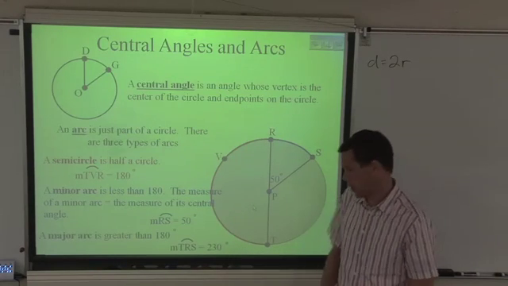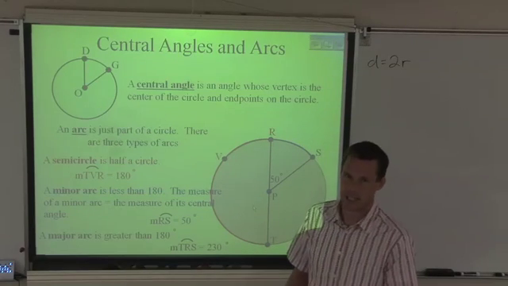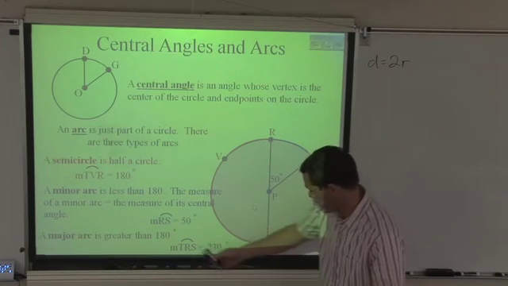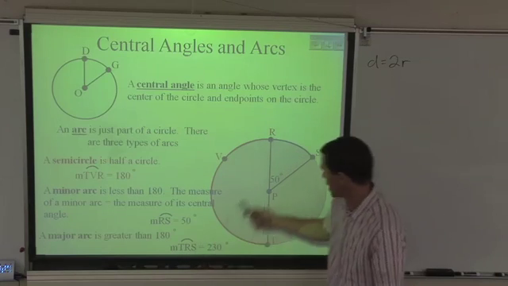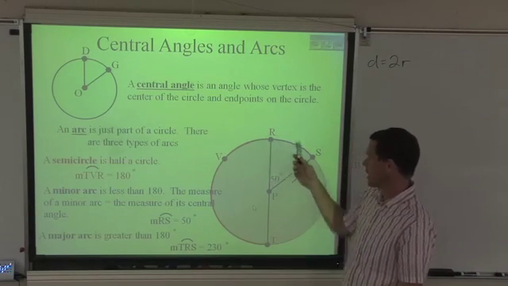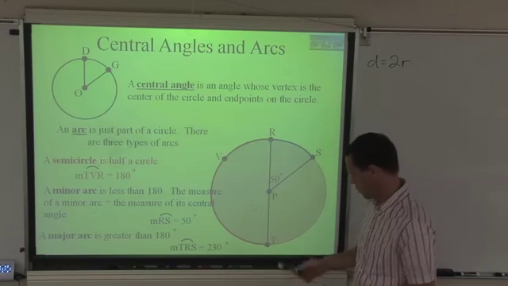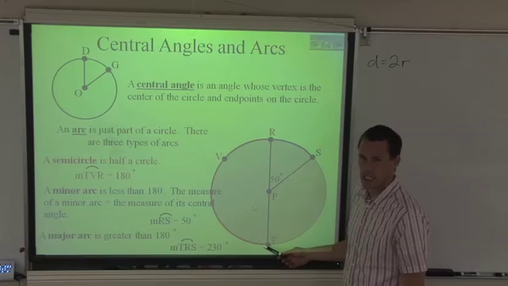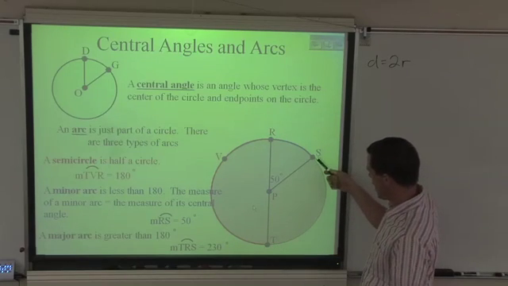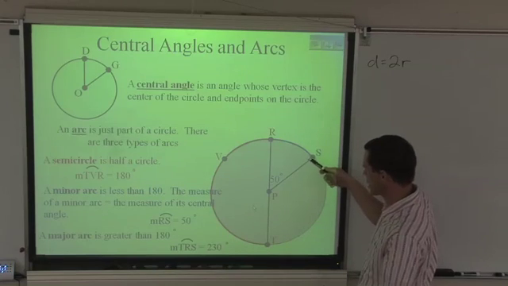That would be a major arc. A major arc is one that is greater than 180 degrees. My example in this picture is arc TRS, from T to R to S. Now how do we know we go that direction? Well, if it was TS, well, we can't go TRS.